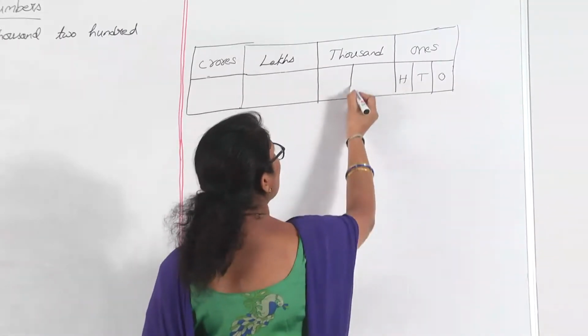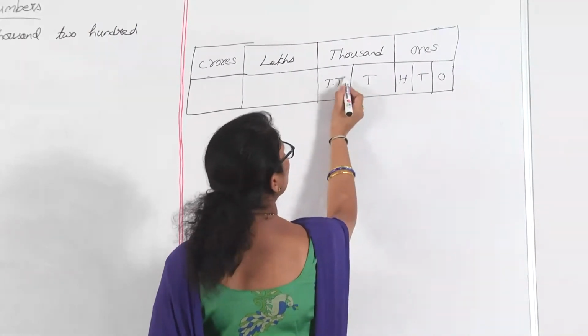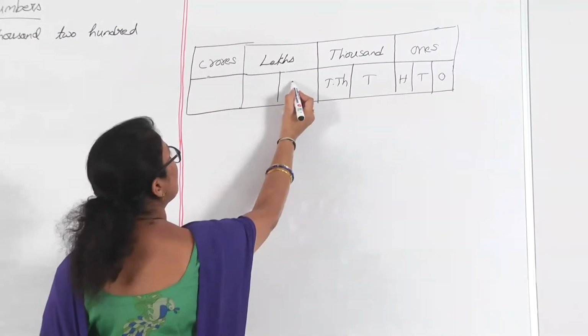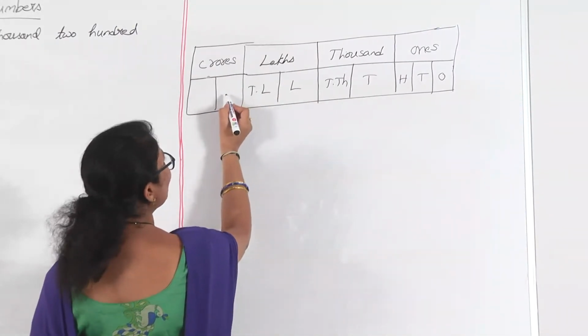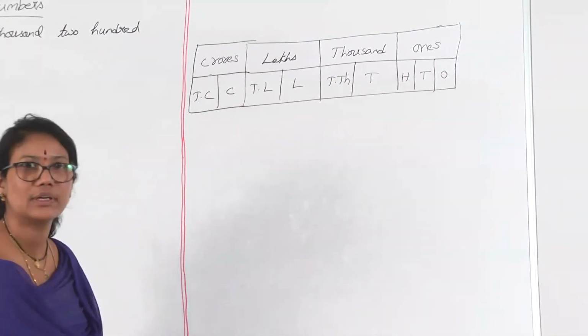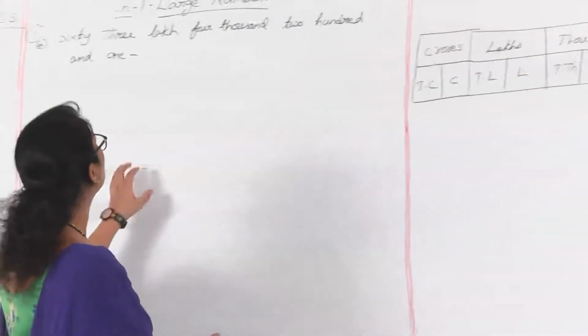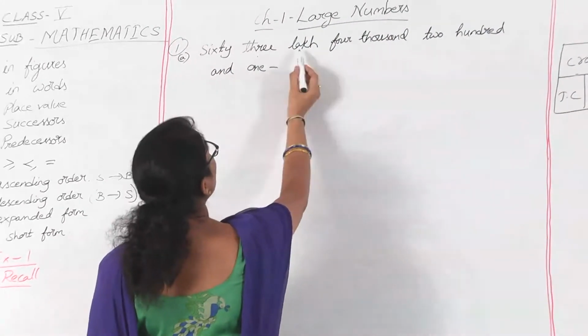Then the thousands period has thousands place and 10,000s place. The lakhs period has lakhs place and 10 lakhs place, and of course the crores period also has crores place and 10 crores place. Right children? Now moving on to this one, it is given as 63 lakh.